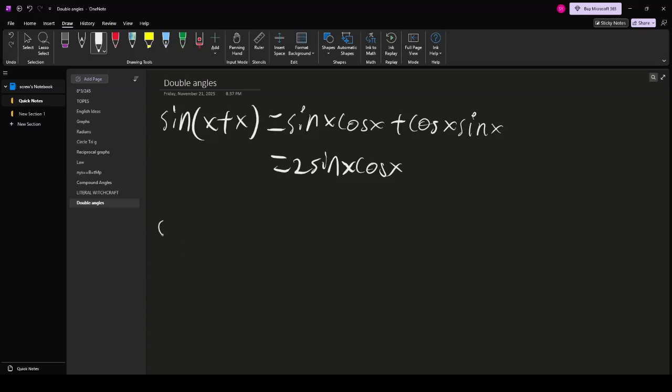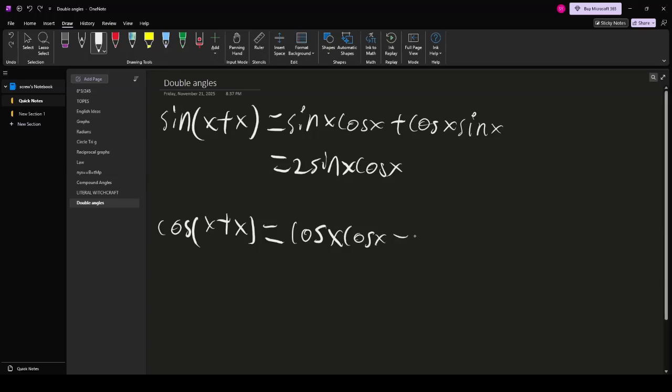The next one is cos of x plus x, the cos double angle formula, or formulas, as you will see. Using the compound angle formula, we get cos x cos x, minus, not plus, minus, sine x sine x.